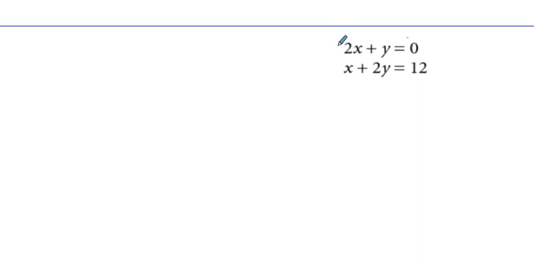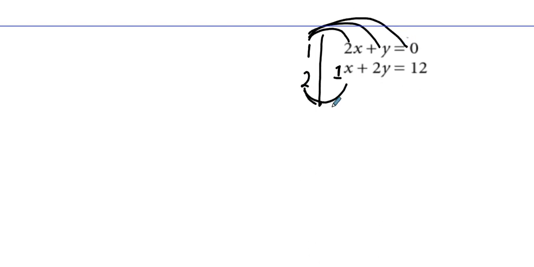By the elimination method, let us start by removing the letter x. Check that 2 and 1 are not the same, so 1 will multiply here and 2 will multiply here.